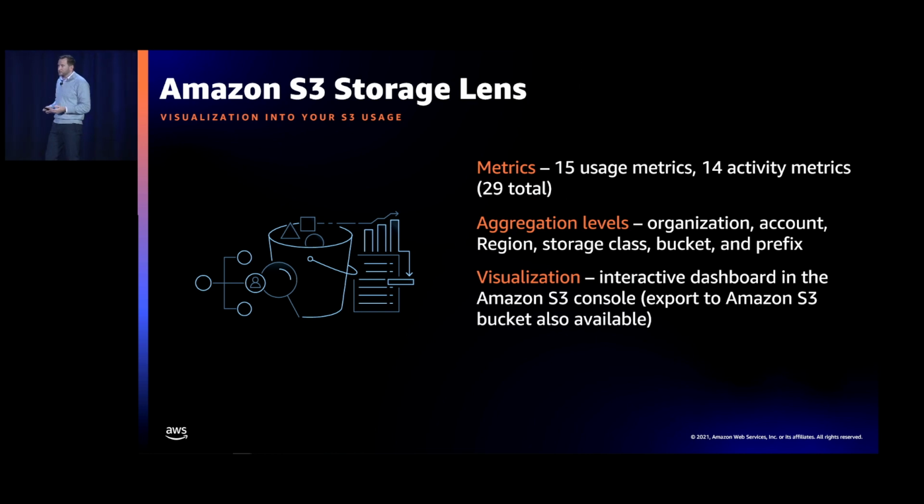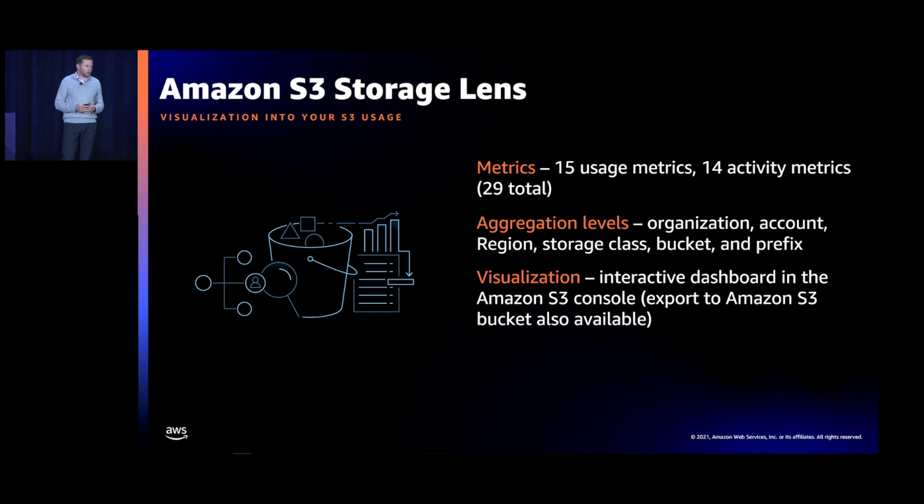As I mentioned before, it's an interactive dashboard, so you can use it in the Amazon S3 console and it provides that visualization into how your storage is being used and accessed. So for example, a very common question is, I have a bunch of buckets in my account. I want to understand which bucket is growing most quickly, if I need to take action on that, or if the objects in that bucket have the right storage class.